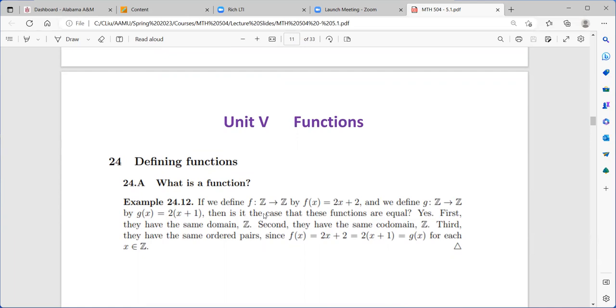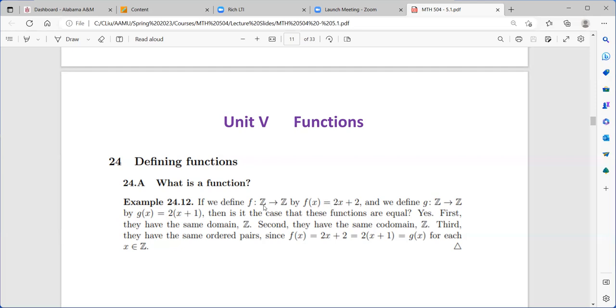Another example is if we define f as 2x plus 2 again from Z to Z, and we define g also from Z to Z as 2 times (x plus 1). Then these are two equal functions. First, they are functions, and they are exactly the same.